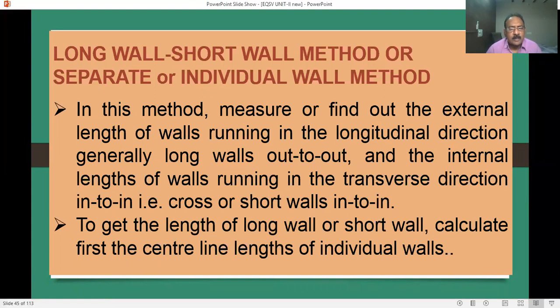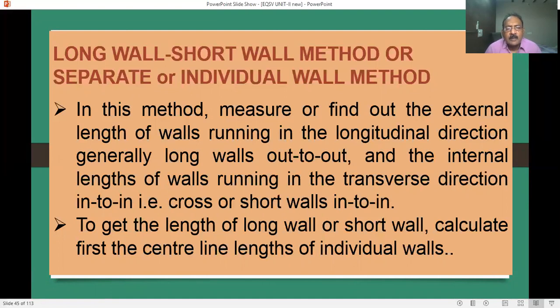As I explained, the textbook is only BN Dutta, Estimation and Costing. In that one, you will see separate wall method, or sometimes in some units, long wall, short wall method. So here, in a plan, how many long walls are there? How many short walls are there? How to take measurements? These are very important.